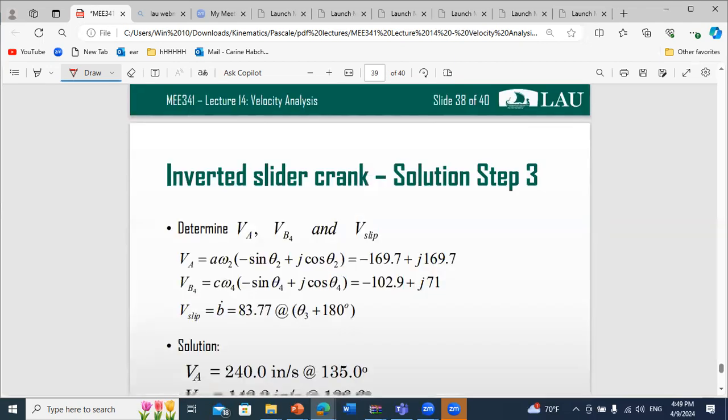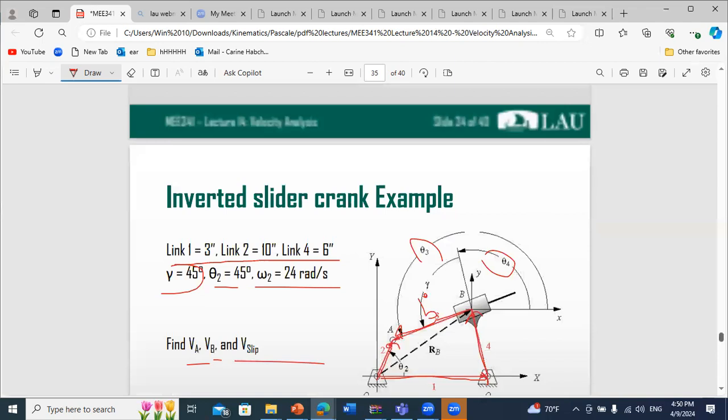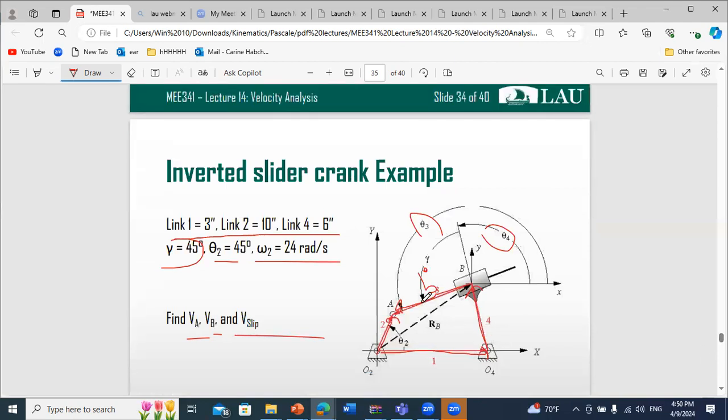Then because I was asked to find the velocity of A, the velocity of point B, and the slip velocity, I can use the formulas developed. So V slip is just B dot. And if I want the vector, I know that my vector is of magnitude B dot, and the angle it makes with the horizontal is given by, if I go to my figure, the slip velocity is along this direction.